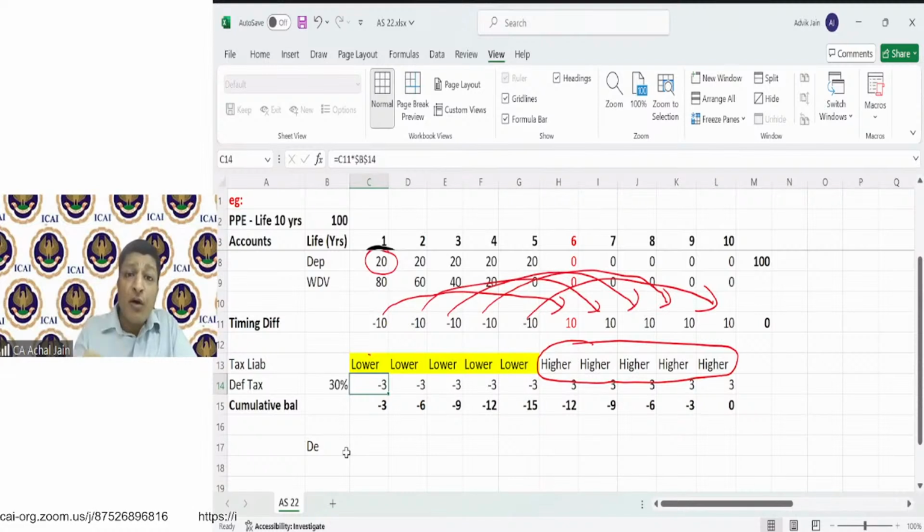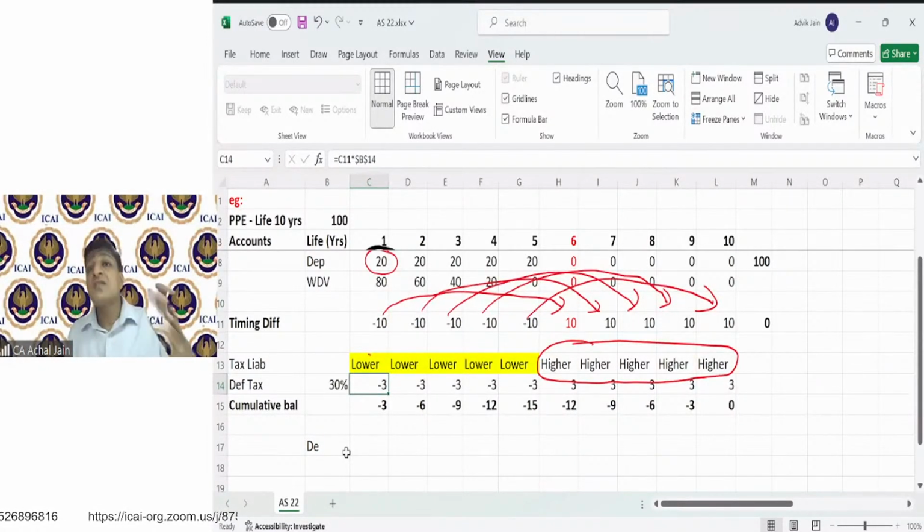This rupees 3 of tax, which the company did not pay in the first year, the company will be required to pay in the future years. So as on today, there is an incidence of tax whose cash outflow is going to arise in future years. Yes or no? From a tax perspective, the company is not paying tax today, and it will be required to pay it later on in future years.